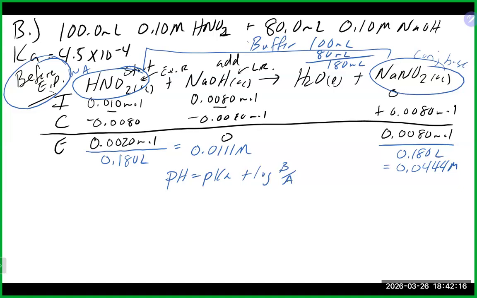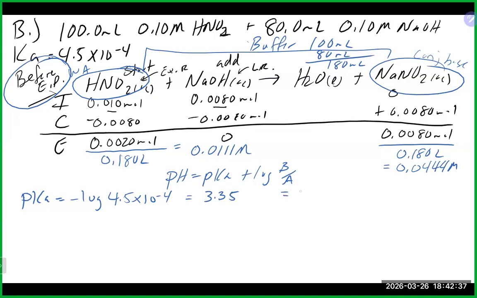We are going to get the pKa value by taking the negative log of 4.5 times 10 to the minus 4. That is going to get us a 3.35 pKa.